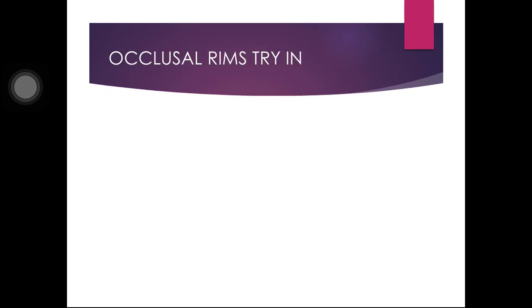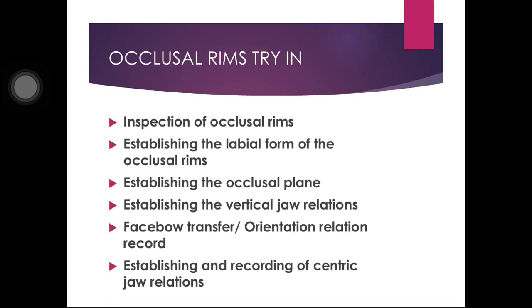The final base plate has been formed over the final master cast, and then the occlusal rims have been fabricated over the plates. So after that, before jaw relation records, the occlusal rims try-in is done, and in this procedure, first there is inspection of occlusal rims.